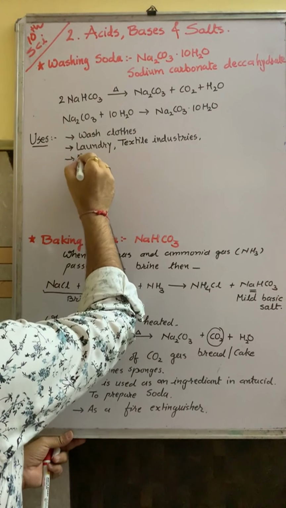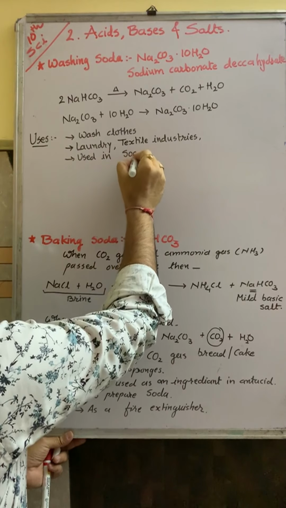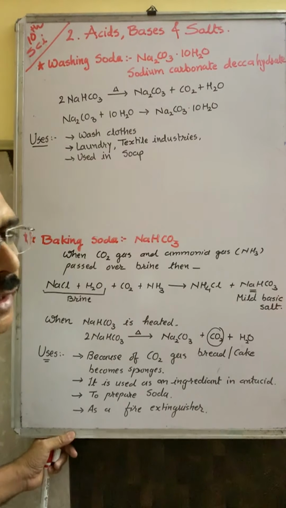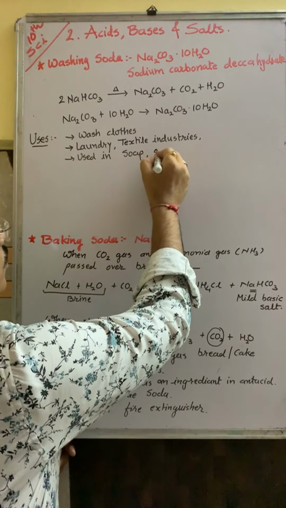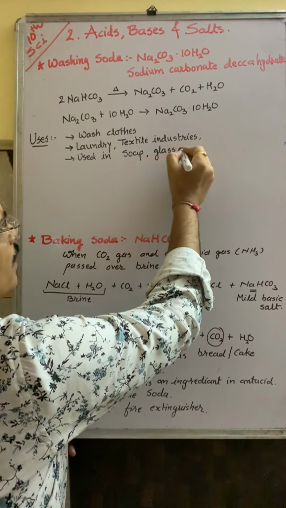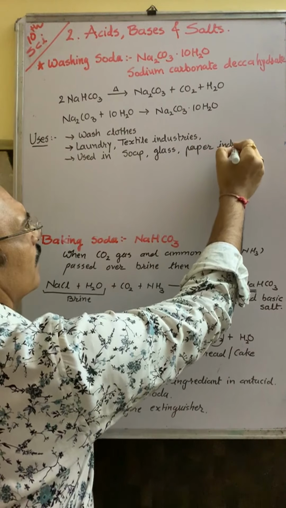It is used in preparation of soap. We will learn in chapter number 4, carbon. Okay, it is used in preparation of soap, preparation of glass and preparation of paper. Means you can write in paper industries.